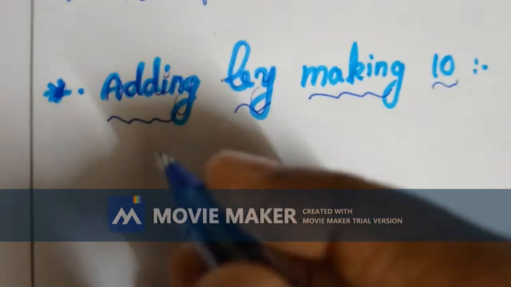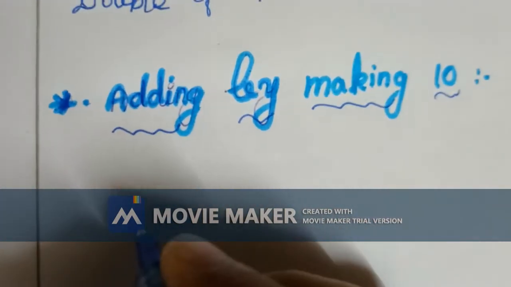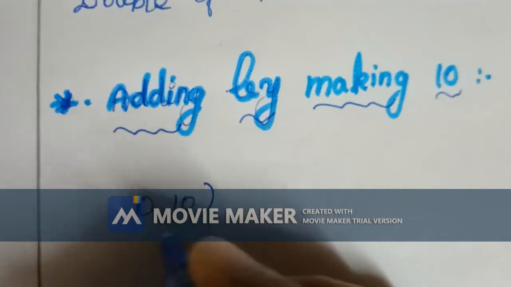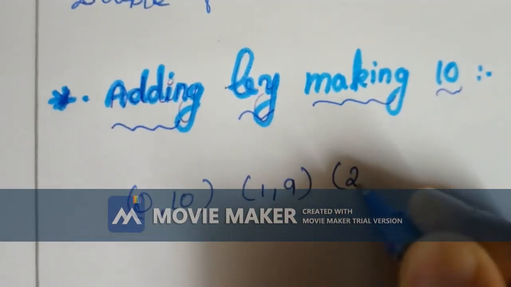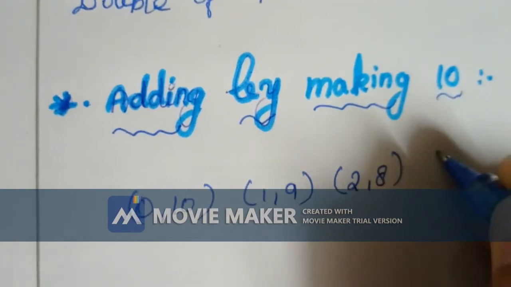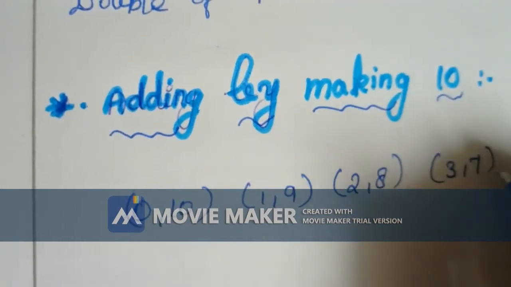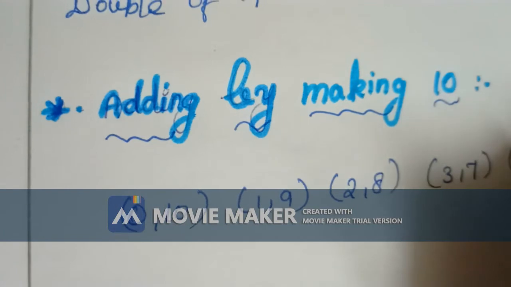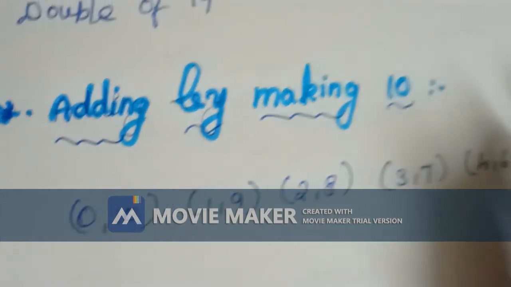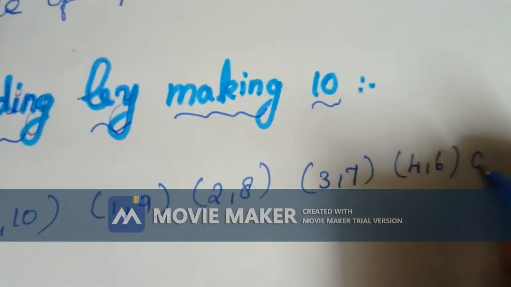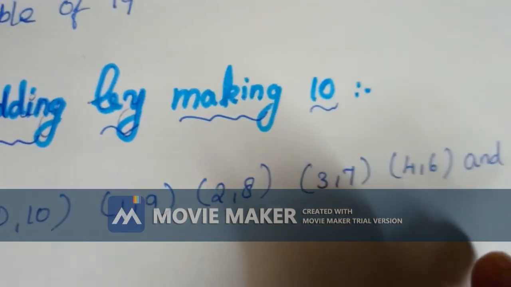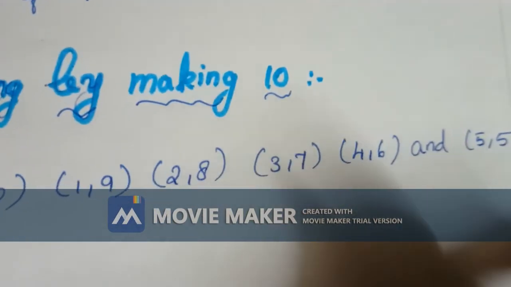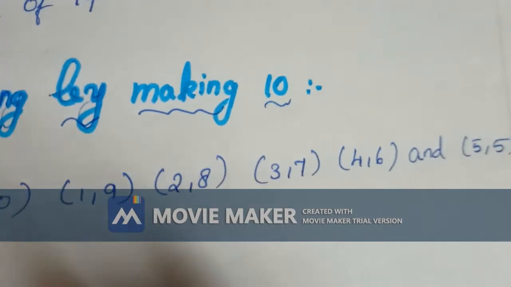Children, we know that 0 and 10, 1 and 9, 2 and 8, 3 and 7, 4 and 6, and 5 and 5 are the pairs of numbers which add up to 10.